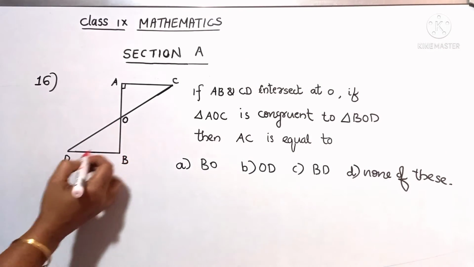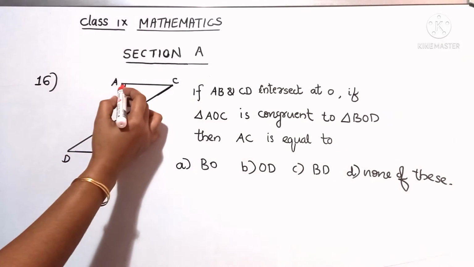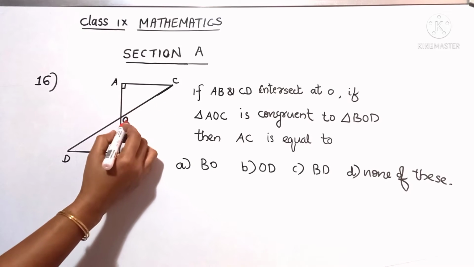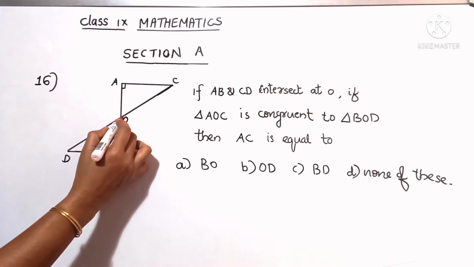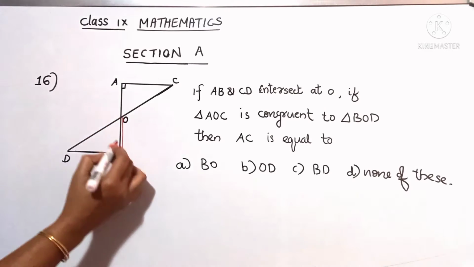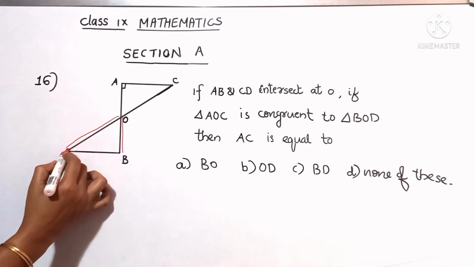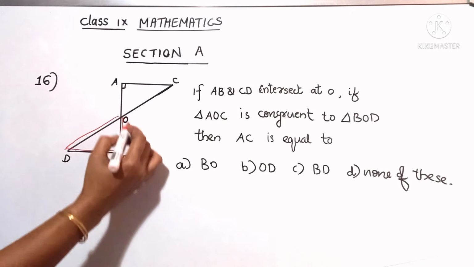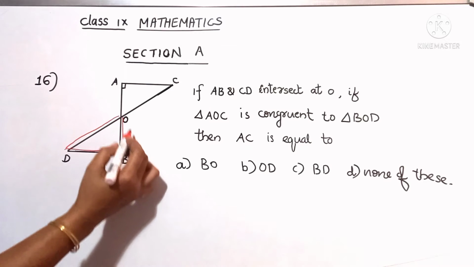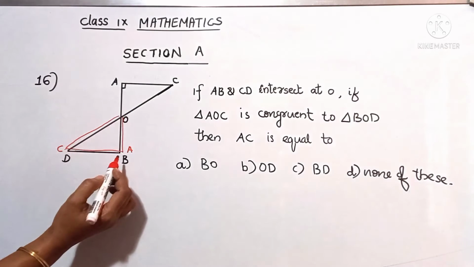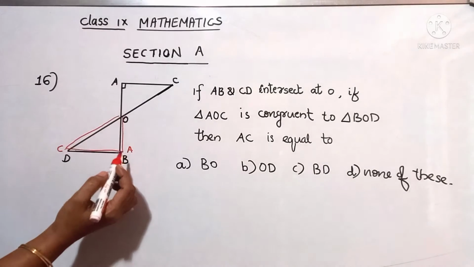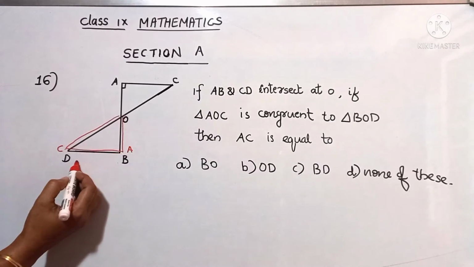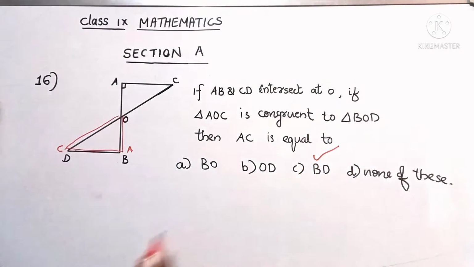If we place it over here, corresponding parts, AO will come here, O will be here, A will come here and C will go here. Now we can see the corresponding parts: AC is equal to BD. So our answer is BD.